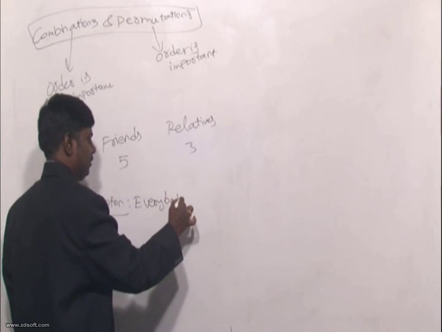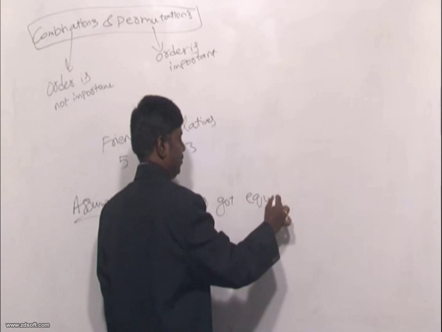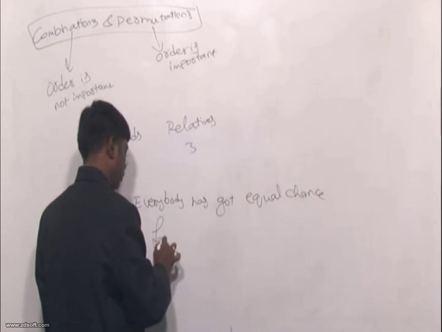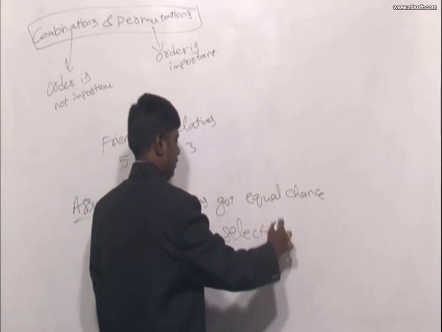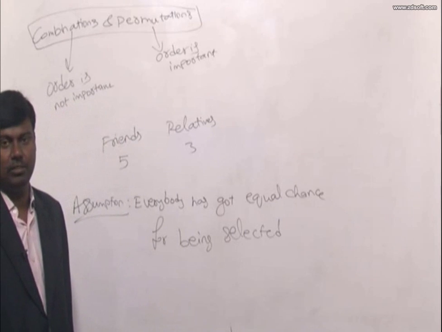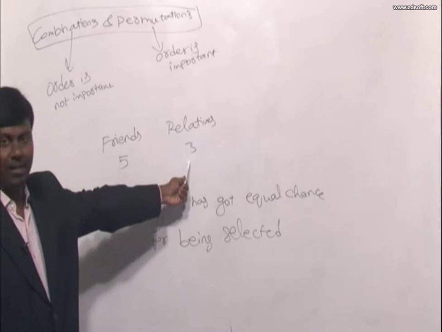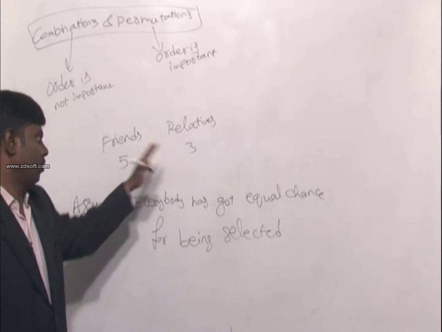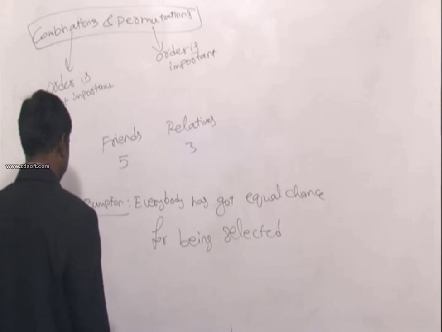Everybody has got an equal chance for being selected. So using that logic only, any relative has got an equal chance for being in the party, or any relative is as good as any friend, right?